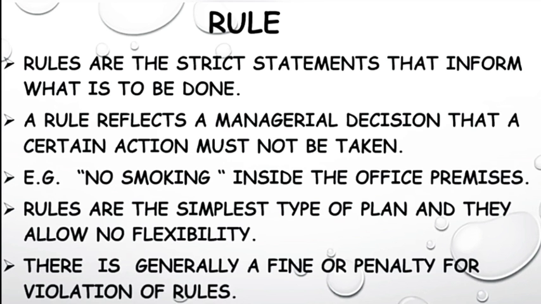They are generally rigid in nature, and this is the simplest form of plan where there is no change, no compromise unless a policy decision is taken. Even if there is a violation of a rule, generally there will be a penalty. Rules basically are certain defined courses of action that must be followed in a business organization.